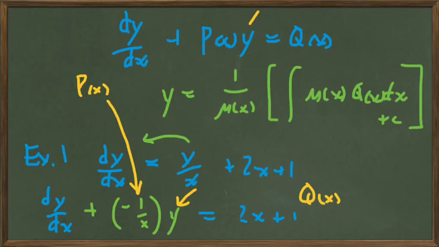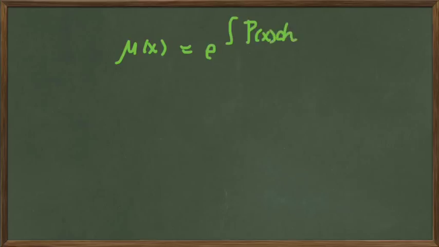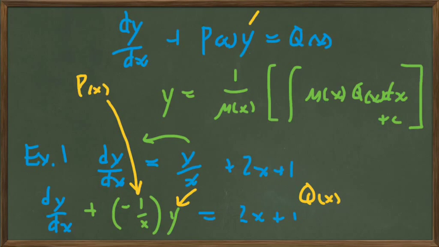Okay, so we should be able to just put everything into the formula. So mu of x, well, mu of x is, remember, e to the integral of p of x dx. And we said just a moment ago that our p of x equaled minus 1 over x, right? That's what we got right here.